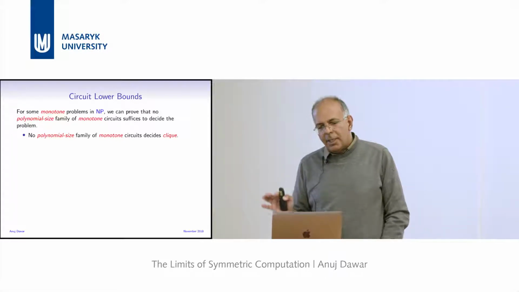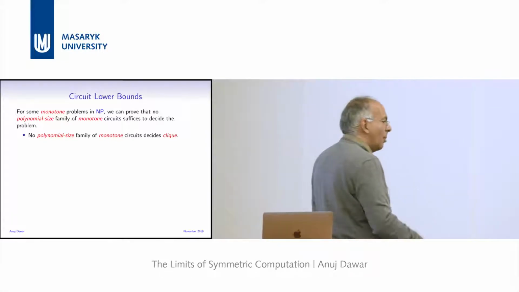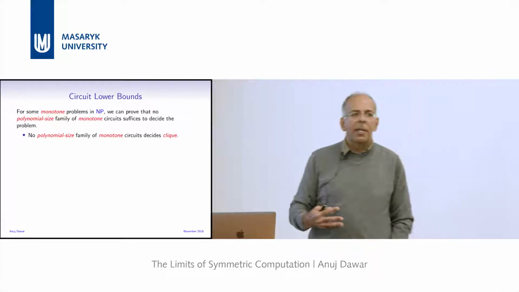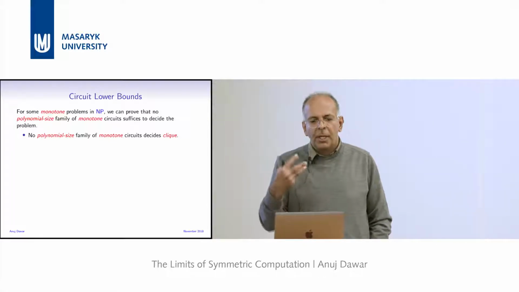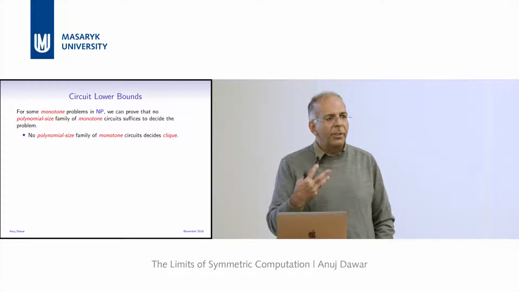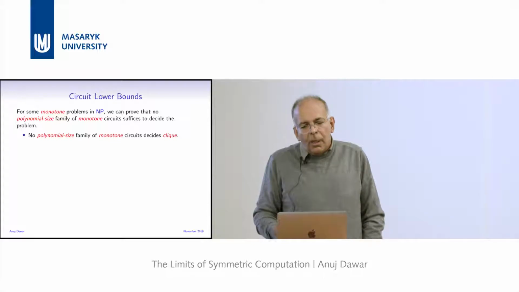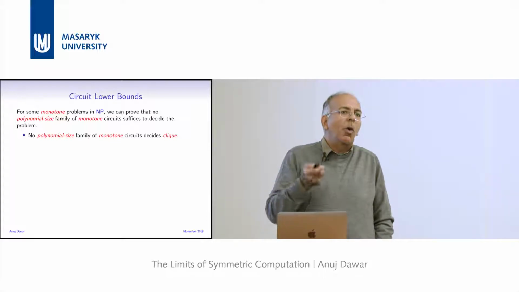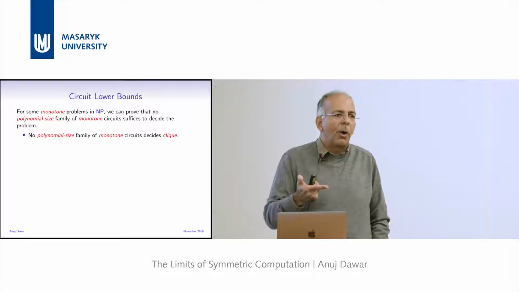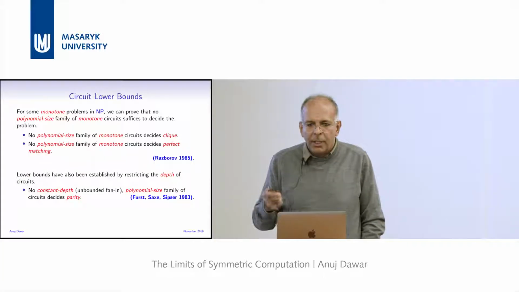Now, this was in the 1980s, and it's kind of exciting because it's the first real lower bound and impossibility result for some kinds of algorithms at least, right? Monotone algorithms, showing that for some NP-complete problem, there's no polynomial time algorithm of this particular type. Of course, the downside is that there are actually problems that we know are in polynomial time and are monotone, but for which we can still prove lower bounds.